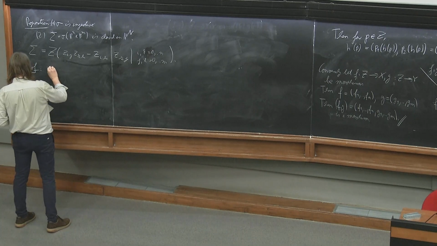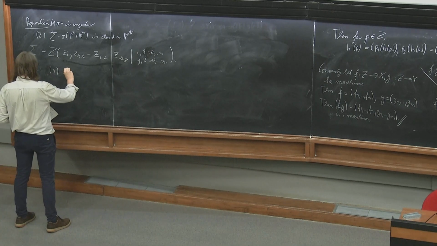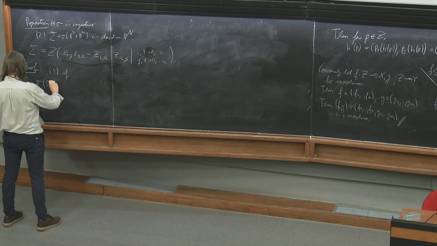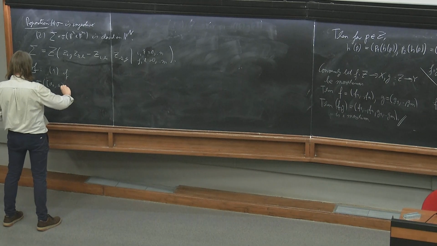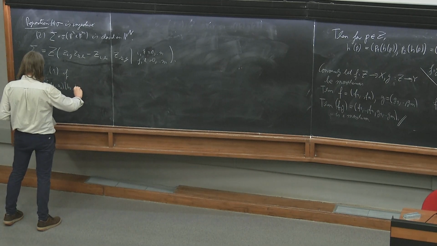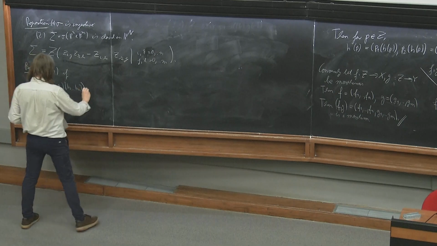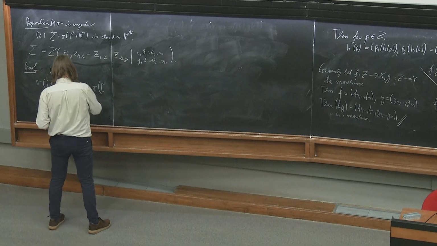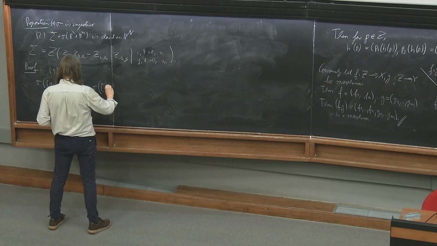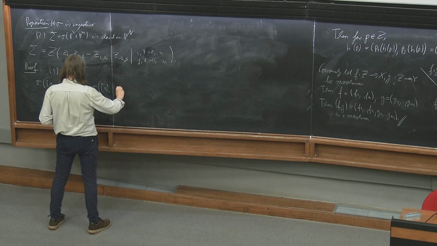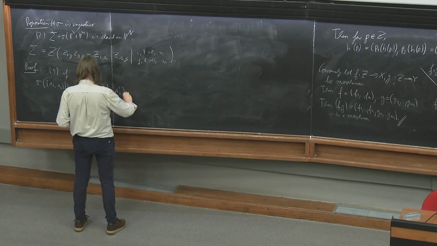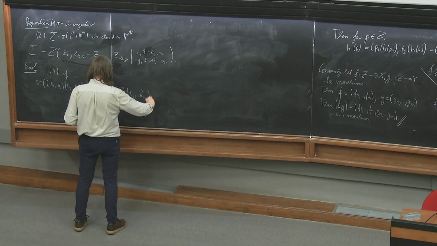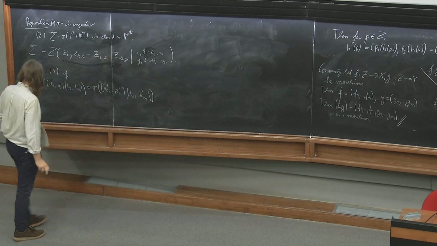So if sigma of A_0 to A_n, B_0 to B_m is equal to sigma of another such pair of points, A_0' to A_n', B_0' to B_m'. Assume we have that.